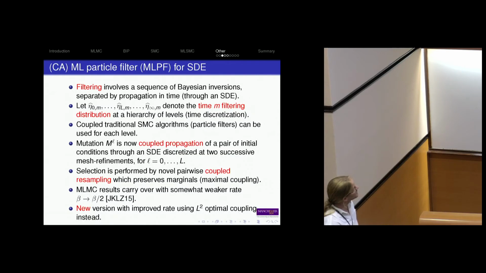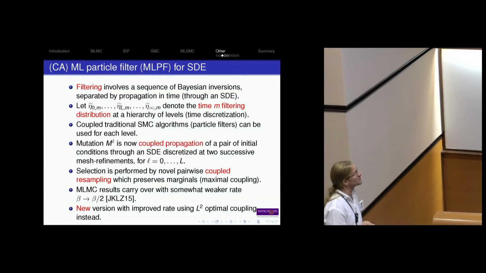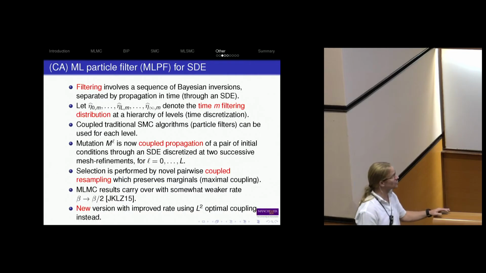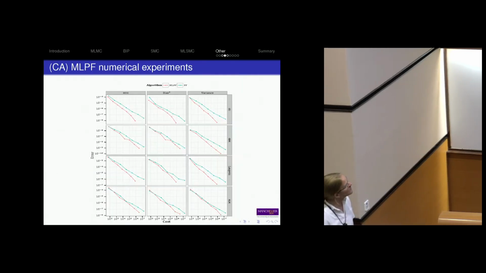So we lose a little bit of the rate there. We're looking at the moment at a new version in which we are able, at least in certain contexts, to preserve that rate using an L2 optimal coupling instead, which is arguably a more natural thing to do.